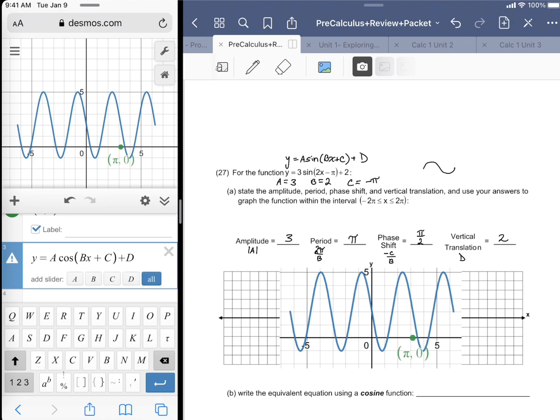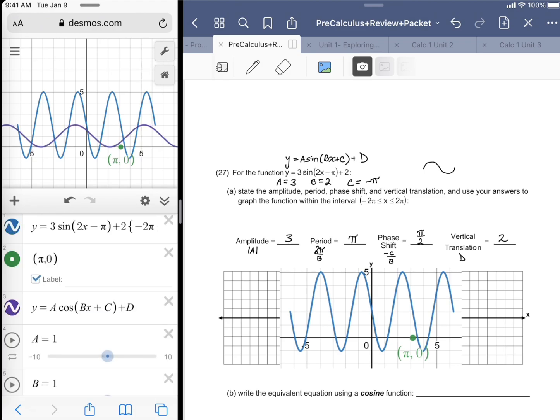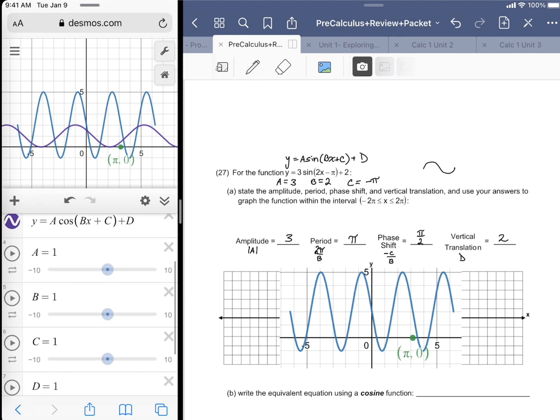All right, you'll see it prompts you to add sliders A, B, C, and D. So select all. It'll create a cosine wave, which I guess could also be interpreted as a sine wave, that will be dependent on the values of the sliders. In this case, one for all of them, A, B, C, and D, because that's the default setting.